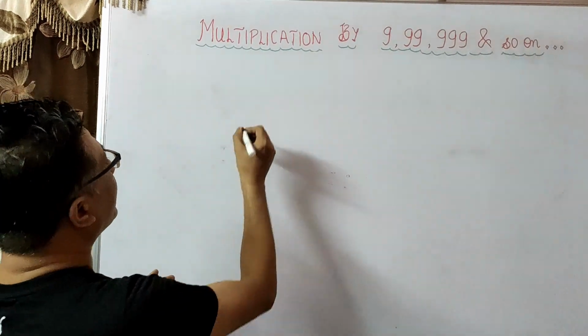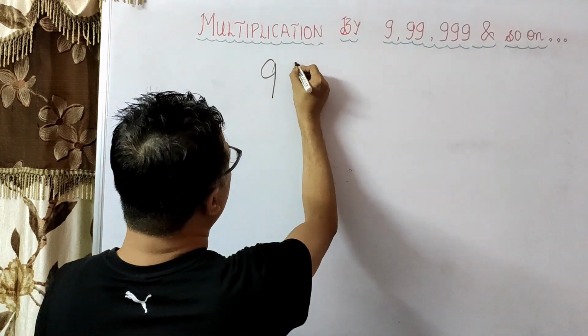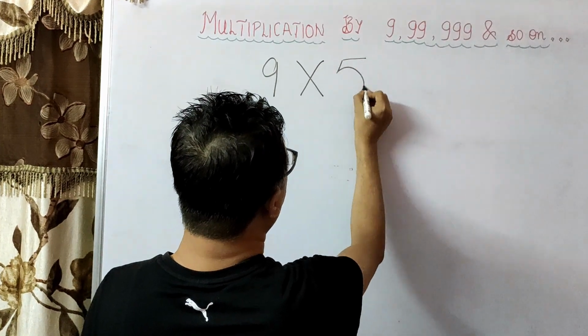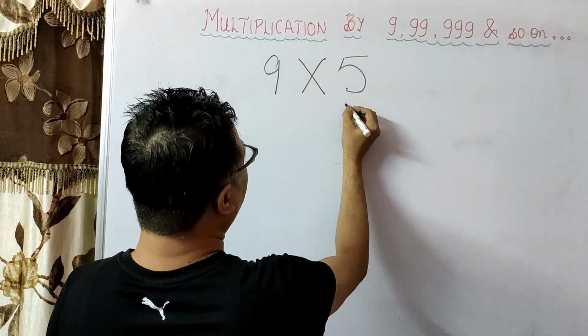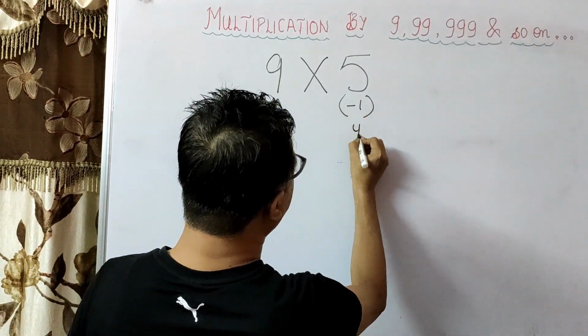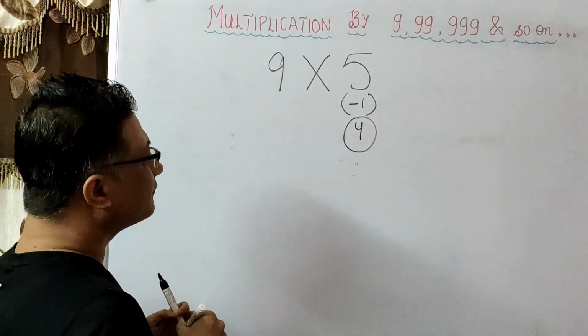The thing I want to tell you is that whenever we do this multiplication, there are two parts to the answer. For example, 9 multiplied by 5. So as I told you, 5 minus 1 is 4, and this is the first part of the answer.